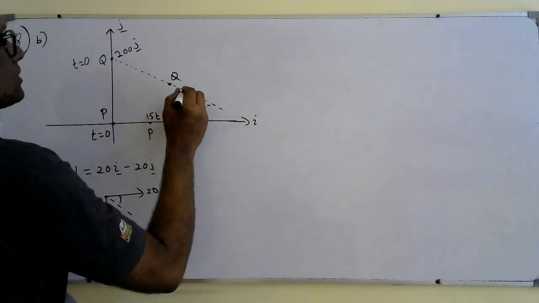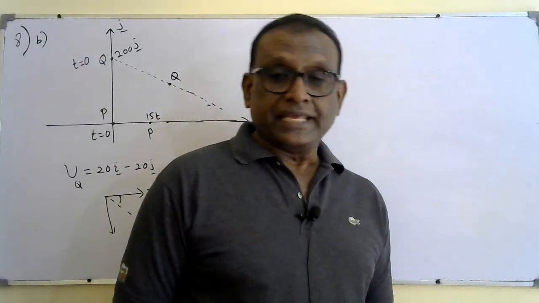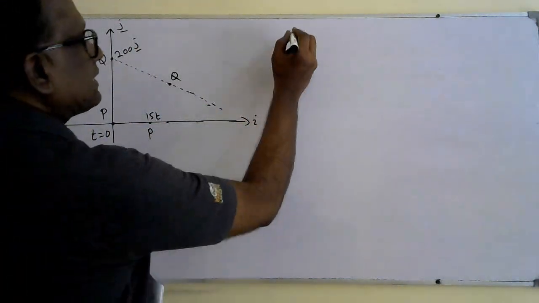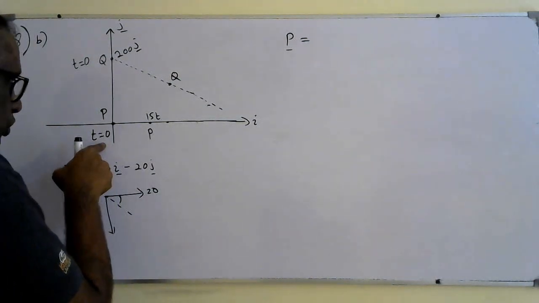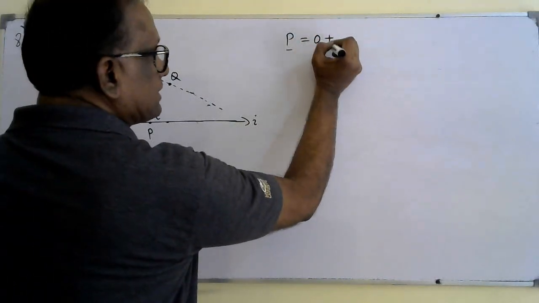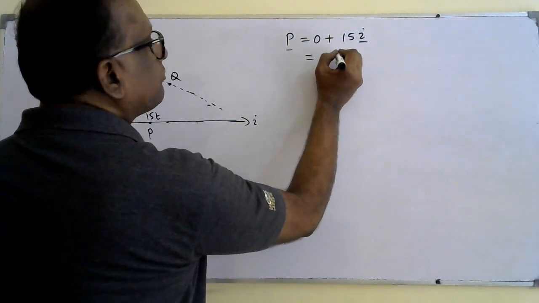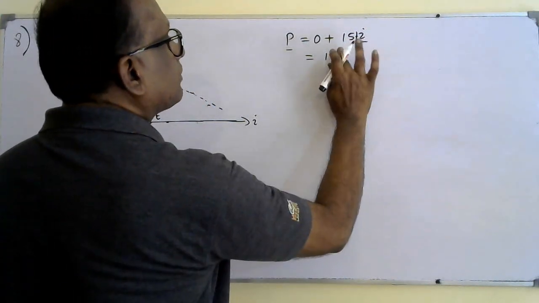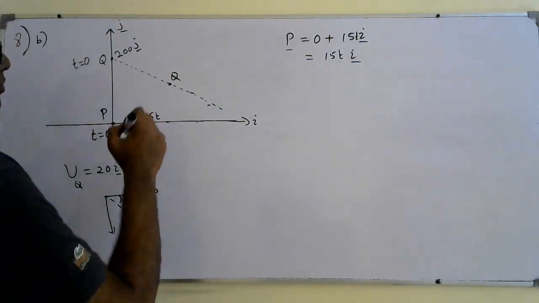Right, okay. So the question is, we need to find vector PQ. What could be the position vector of P? The initial position of P is the origin 0, plus 15i, so the position vector of P at time t is 15ti.